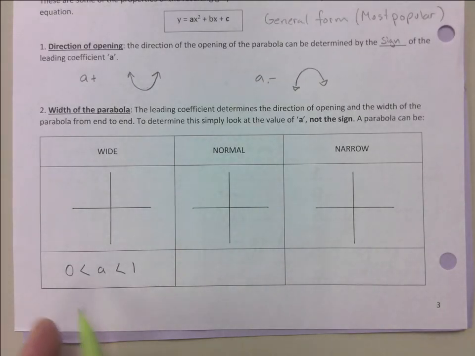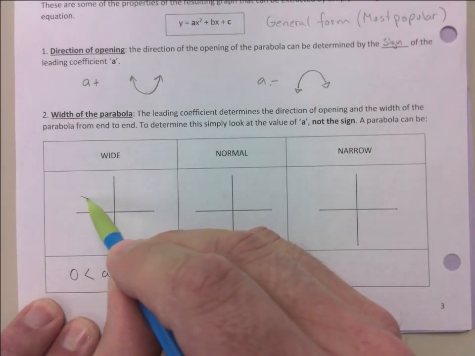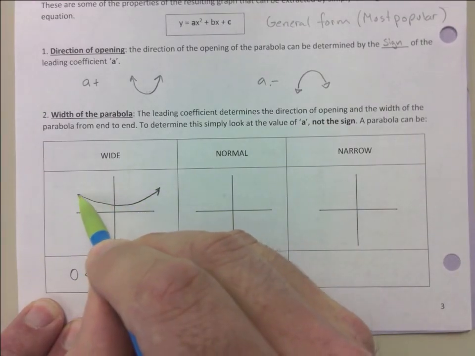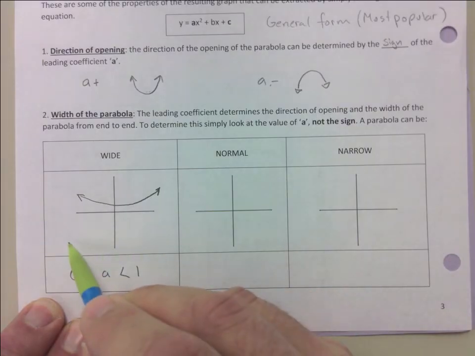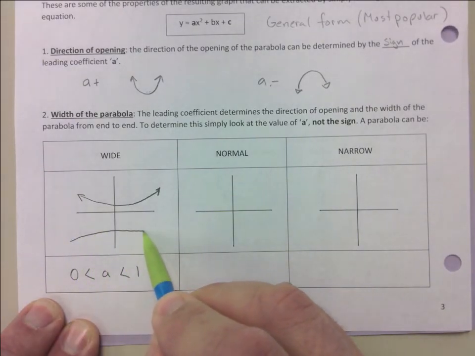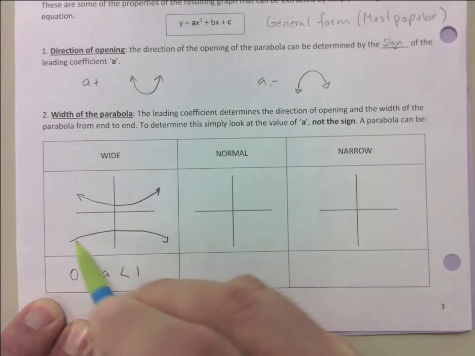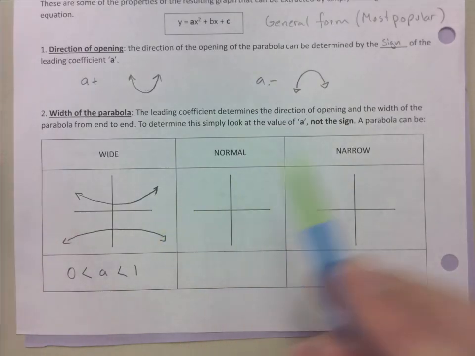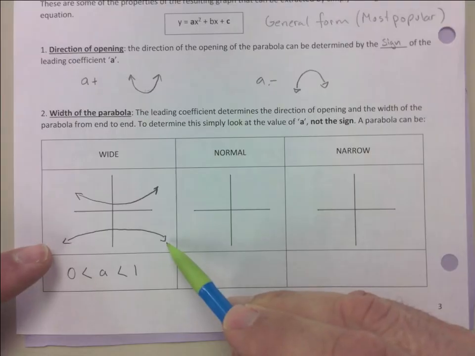Anything that's in between 0 and 1 is going to do the trick. You're expecting a really wide, like it's going to do this. Or it's going to do this, like it's going to be really open, wide. It's just going to take a long time before you see these arms go up or these arms go down.